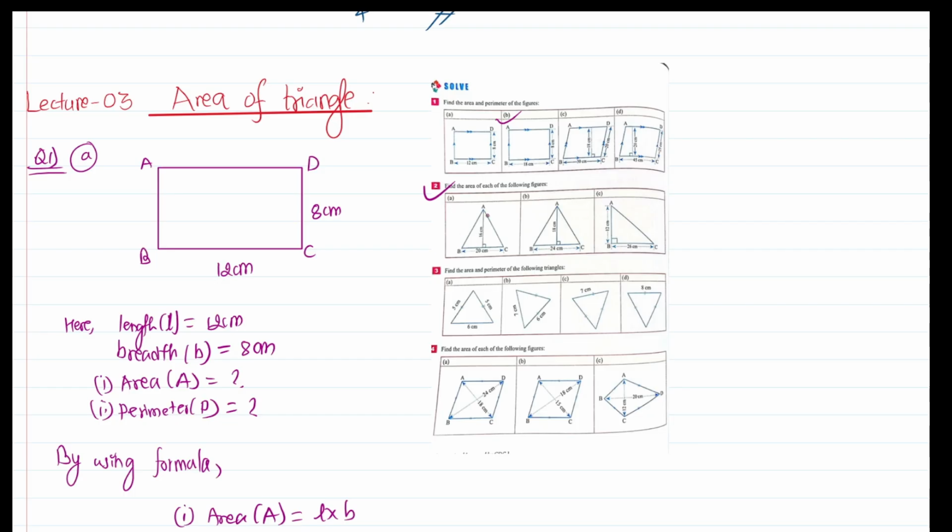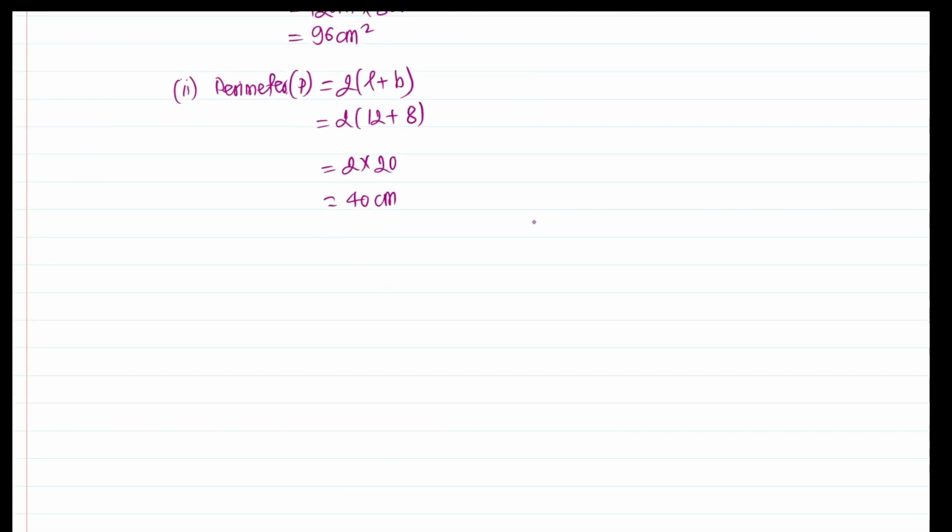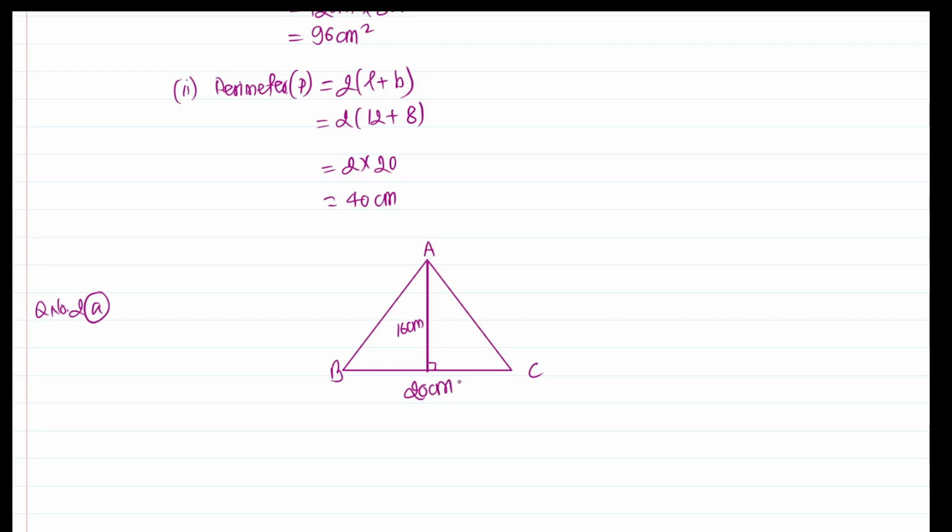Question number 2A. There is a triangle ABC. This is a height which has been given 16 centimeter and base is 20 centimeter.